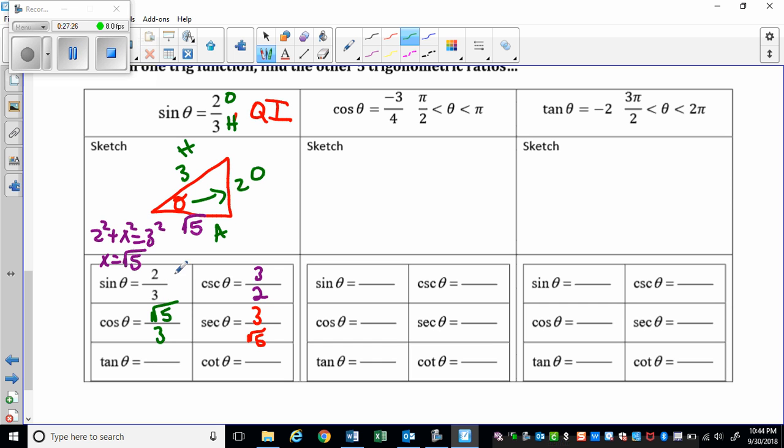Tangent is opposite over adjacent, so O over A. Opposite is 2 over adjacent, which is the square root of 5. Cotangent is just the reciprocal of that. And we really can't leave the square root of 5 in the denominator. We have to multiply the top and the bottom by the square root of 5 to rationalize it.